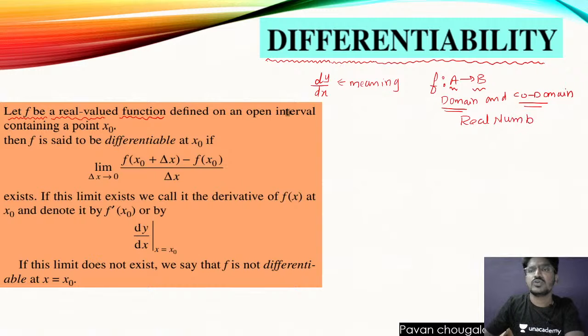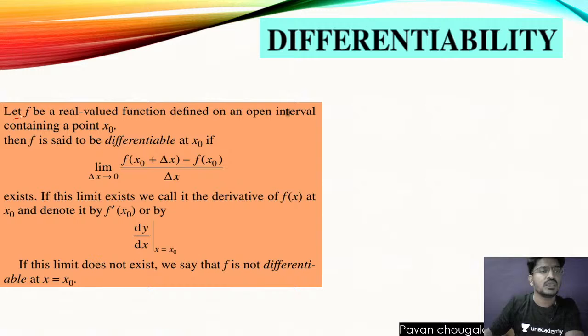If these two sets are real number sets, then we call this particular function a real valued function. That means the domain and codomain are your real number set.